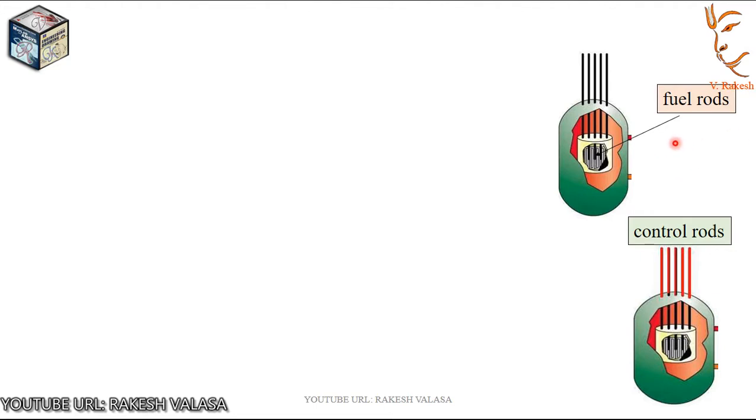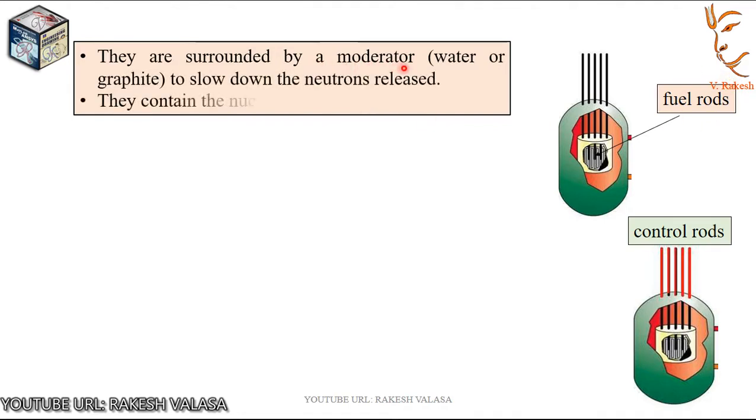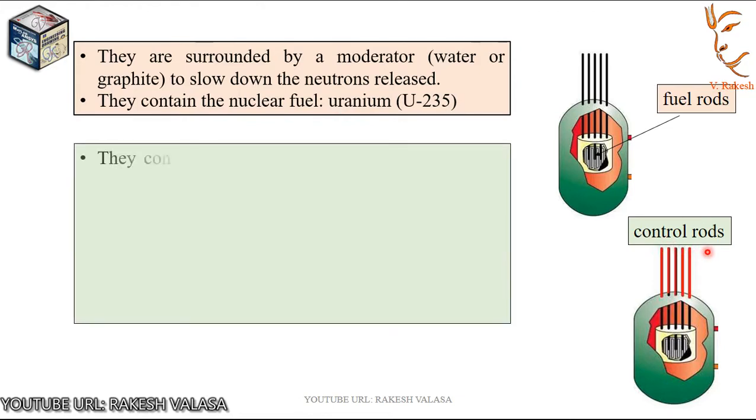Another important component is fuel rods. These fuel rods are surrounded by a moderator. Generally, water or graphite is used as moderator to slow down the neutrons released in the reactor core. These fuel rods contain the nuclear fuel, that is uranium 235. Next one is control rods.